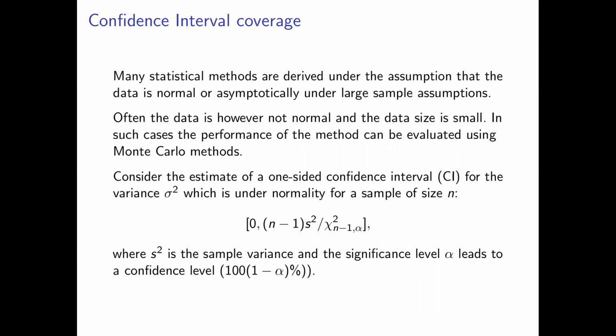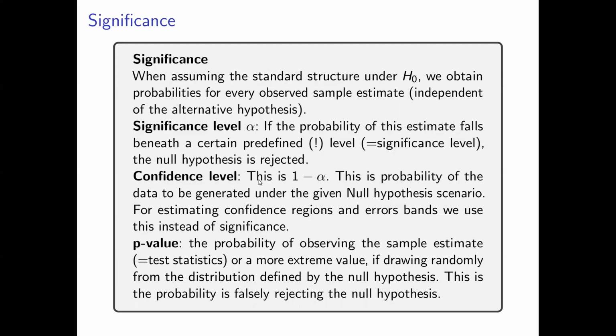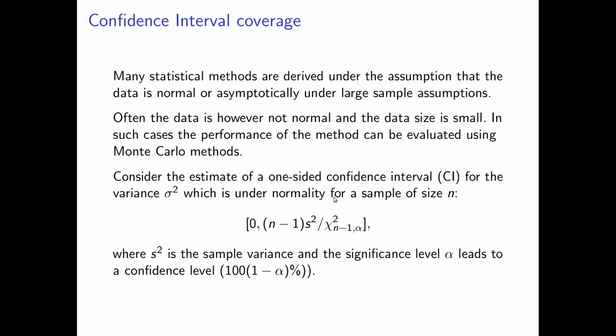So how is this related to confidence interval coverage? Basically, we would specify the confidence level. Once we specified the significance level, the confidence level is automatically 1 minus this alpha.